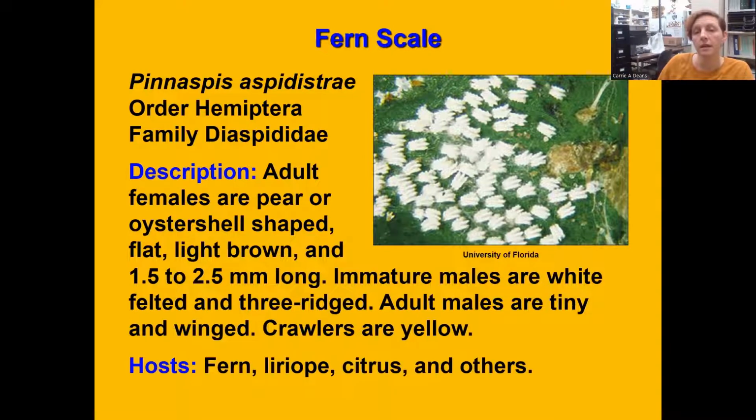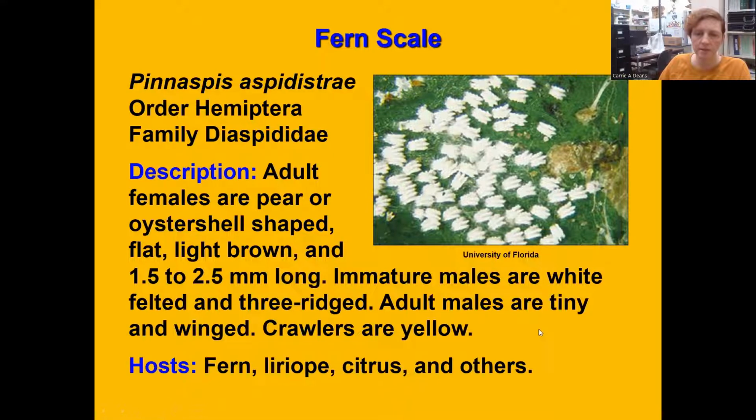And so they tend to look a little bit more like mealybugs, which we'll talk a little bit about. But this is one of those species here, the fern scale, where it's very brightly colored. It's easy to see. It's a stark white, and it almost looks like some type of cotton covering over them.